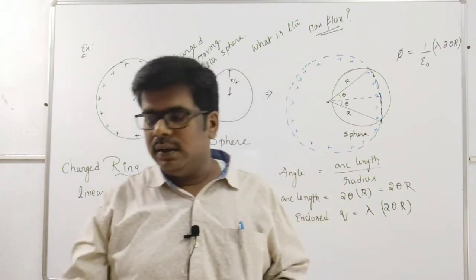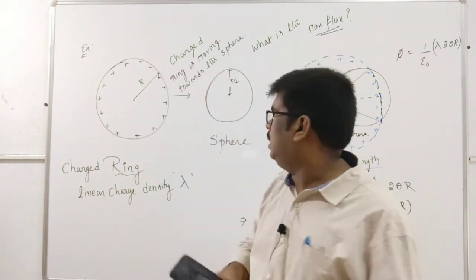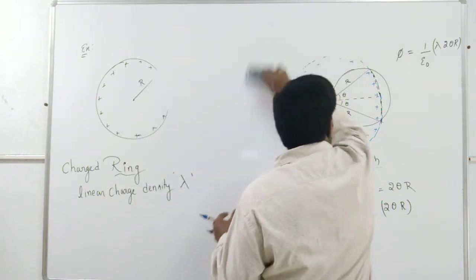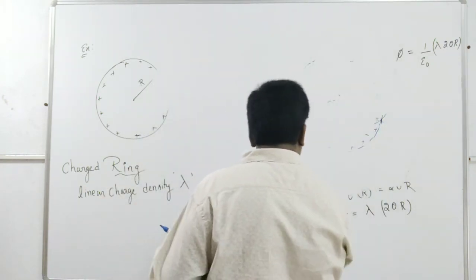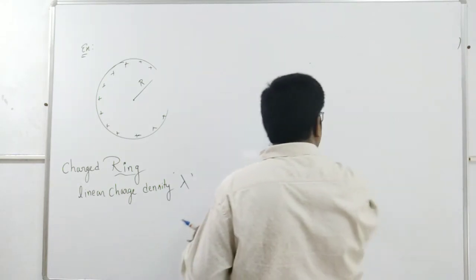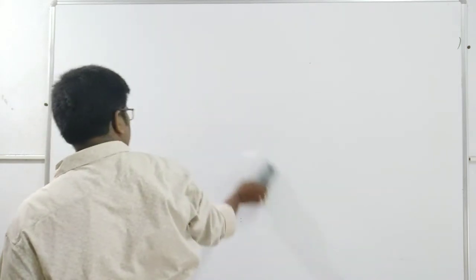But if they ask for the flux through any part of the sphere, just a small part of the sphere, that is the concept you need to understand here. So we can find it like this.